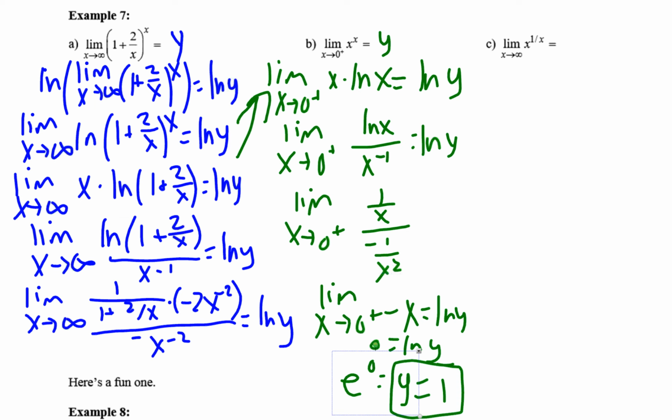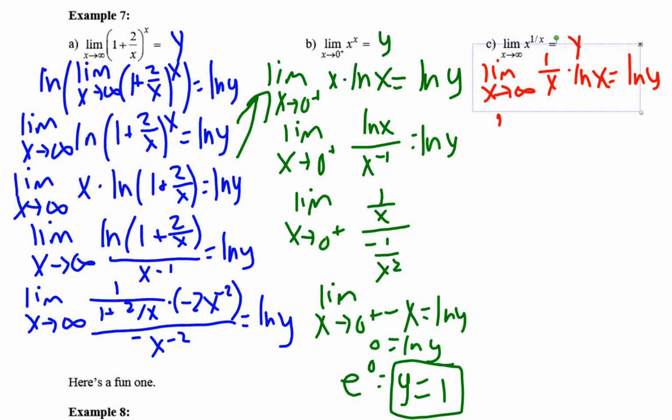Yay! Okay, one more with logs here. If you plug it in, you get infinity to some sort of infinity. So we're going to take the ln of both sides. I really should show this step, but I'm sneaking through here. Then I would move that to the front. Ln x equals ln y.